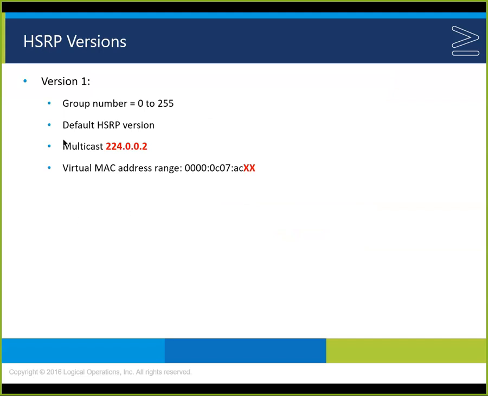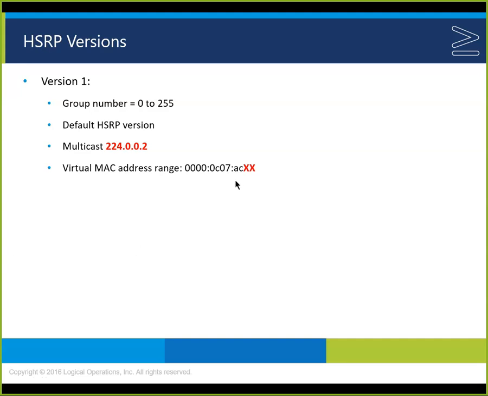The versions: version 1, group numbers 0 to 255, is the default version for HSRP, and it uses the multicast address 224.0.0.2. The virtual MAC address ends in the last 2 digits, which is a hex number, so that's why we go 0 to 255.